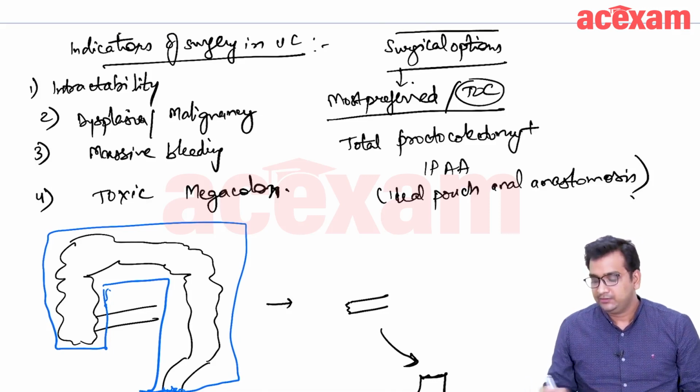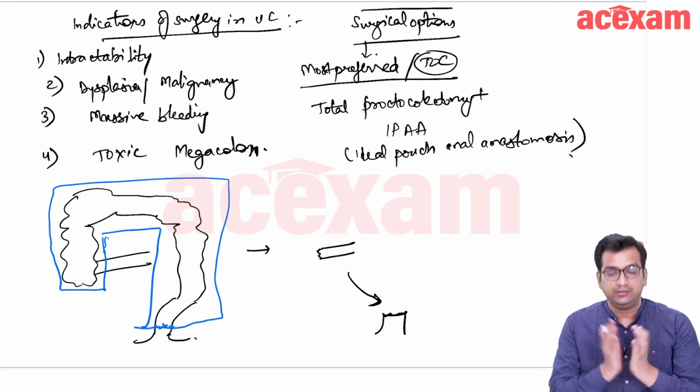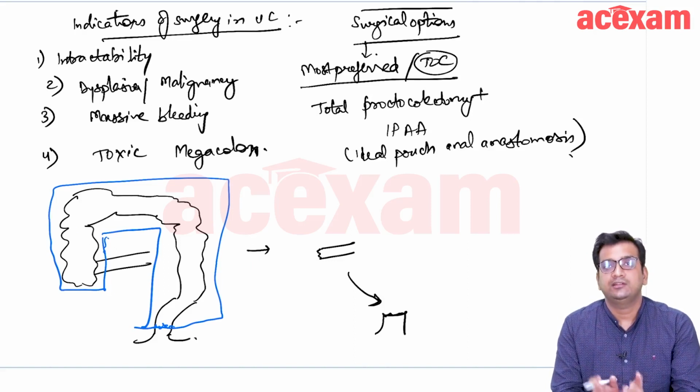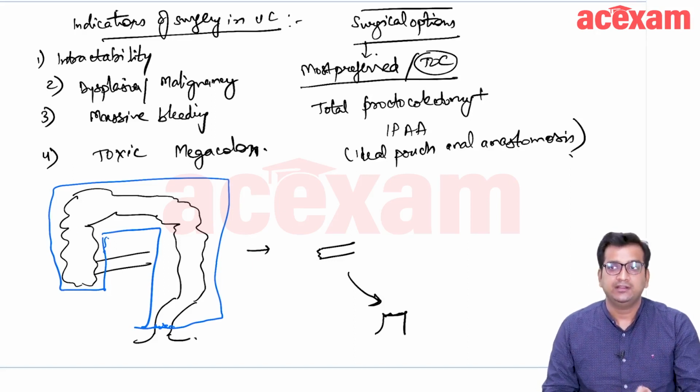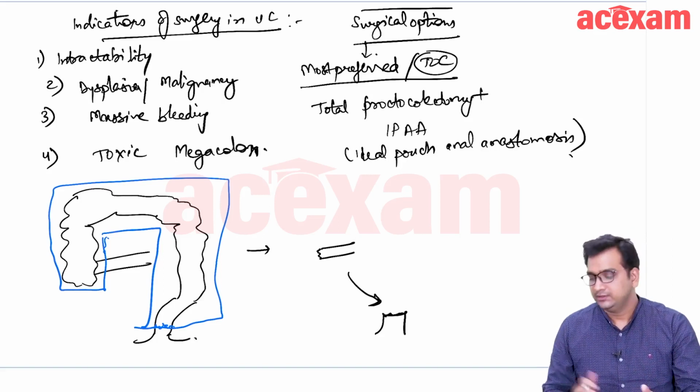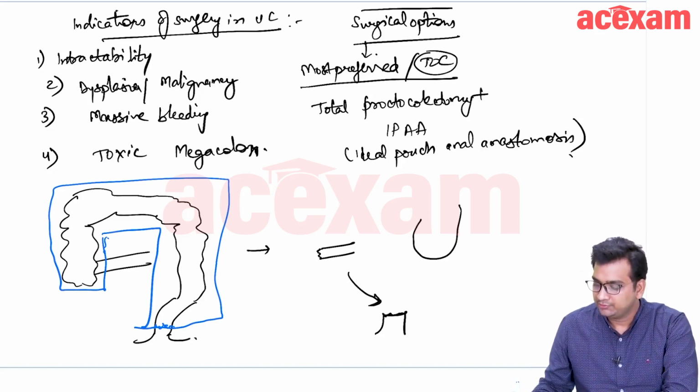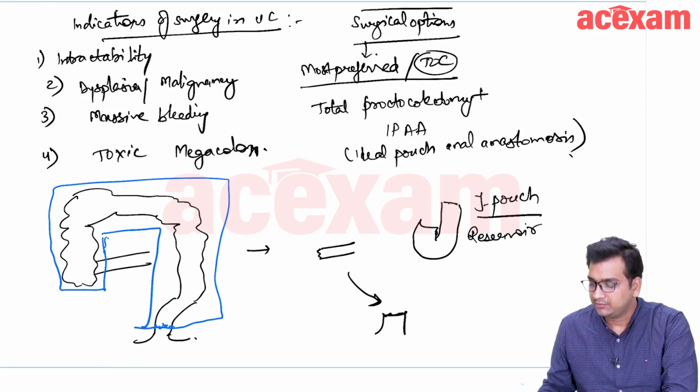But now we have removed the rectum also, so the reservoir is not there, and if we join this ileum directly with this anal canal, then there will be loose motions, as there is no reservoir. So that is why we are creating a pouch, which is a J pouch, and this J pouch acts as a reservoir, and we are anastomosing this with the anal canal.